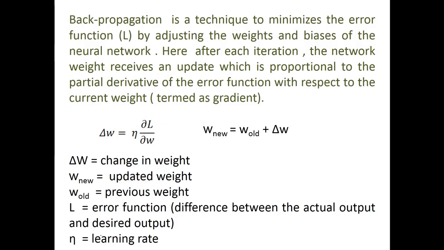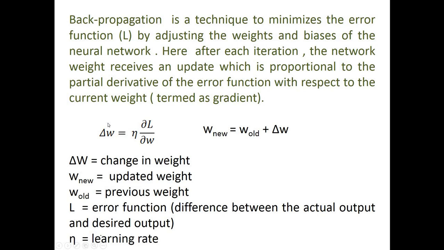Now LSTM is an advanced form of RNN, and there is something called the vanishing gradient problem which RNN has, and because of that people came out with a new neural network, that is LSTM. Backpropagation is a technique to minimize the error function by adjusting the weights and biases of the neural network. After each iteration the network weight receives an update which is proportional to the partial derivative of the error function with respect to the current weight.